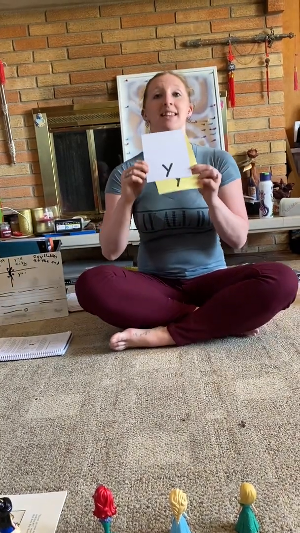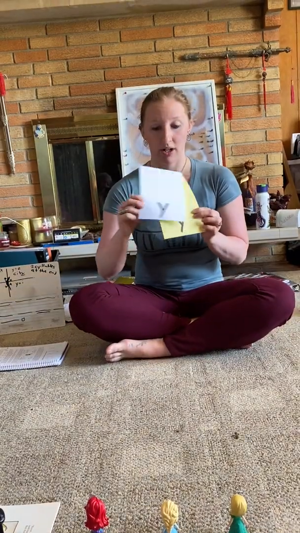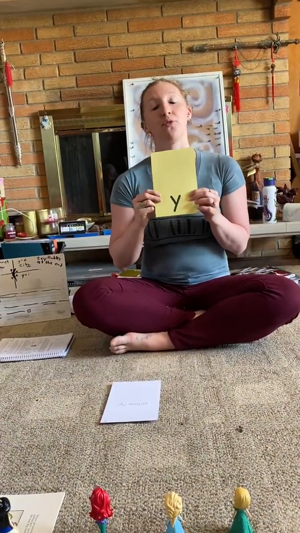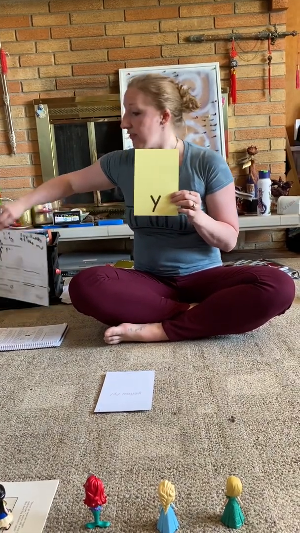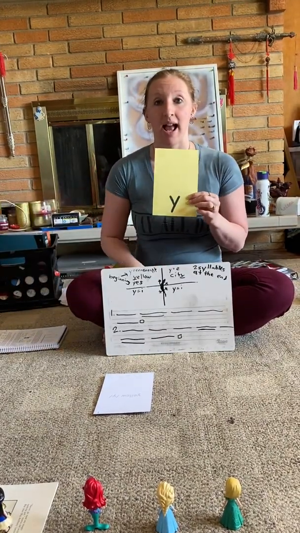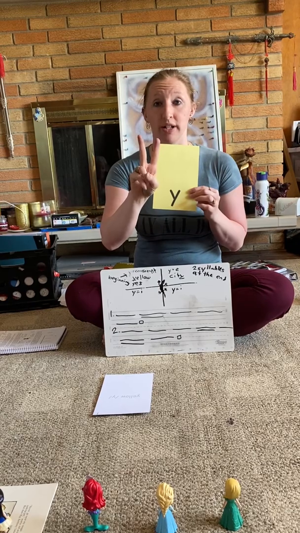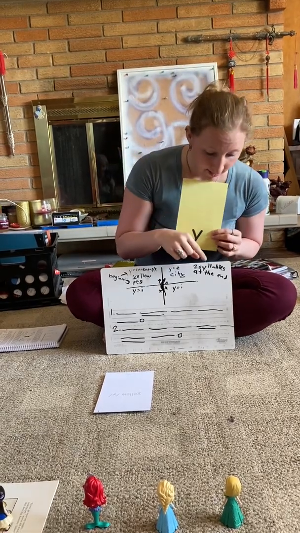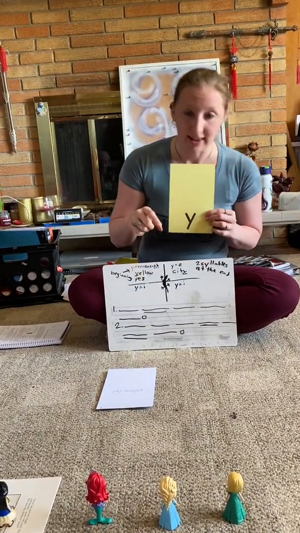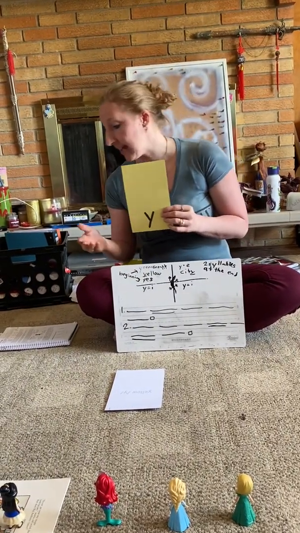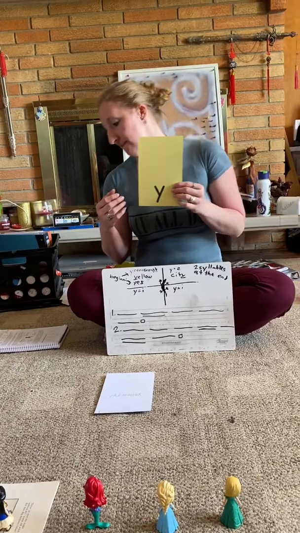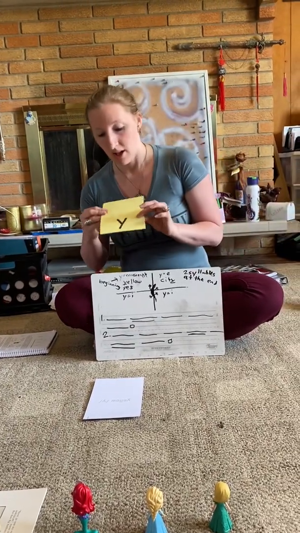It goes at the beginning of a word. Now, if we're thinking of Y as E, you're thinking of it with a 2-syllable word at the end of a word, like city, right? Or candy, or funny, right?